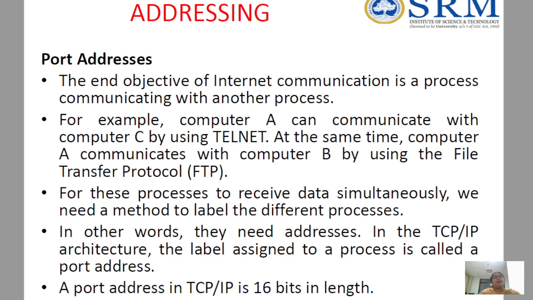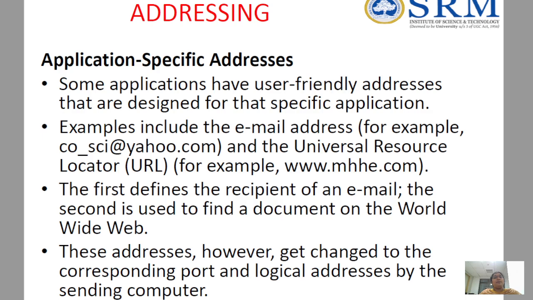When we switch over to a different network, it has a different logical address. When we switch over to a different process in a network, it is noted as a port address. The port address in TCP/IP is 16 bits in length. TCP/IP is a common protocol suite for accessing the internet.